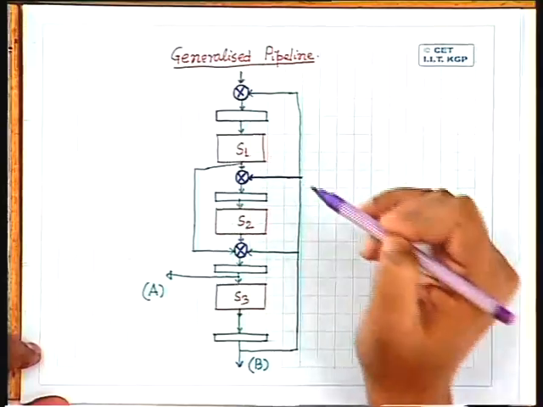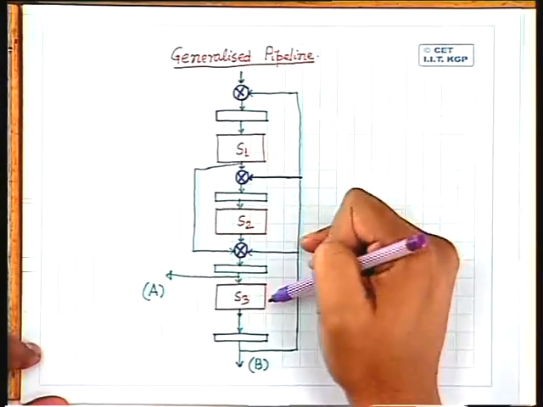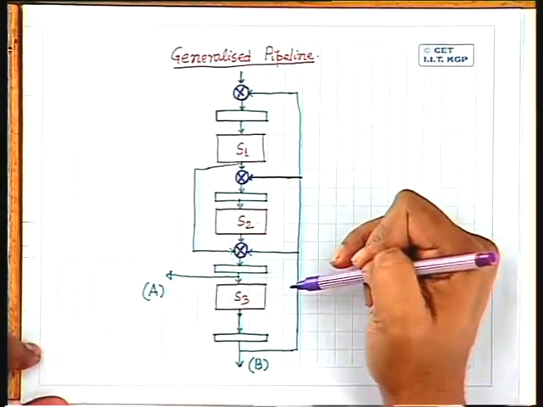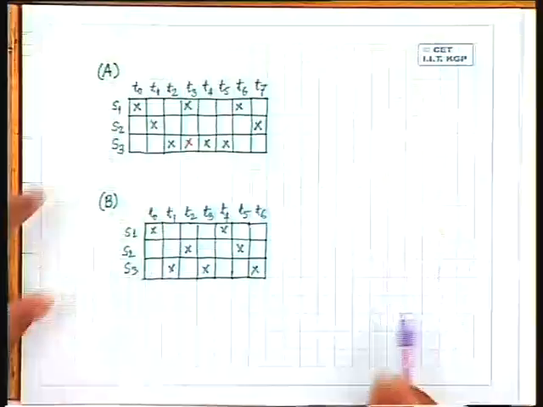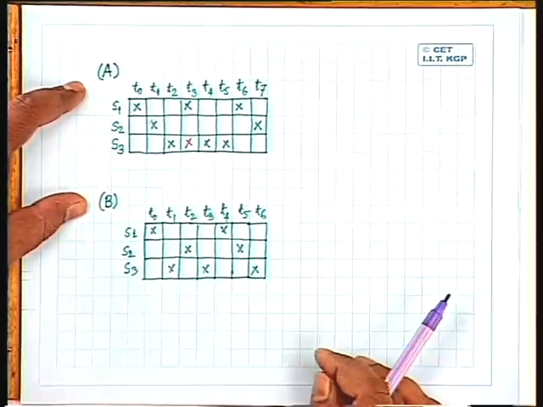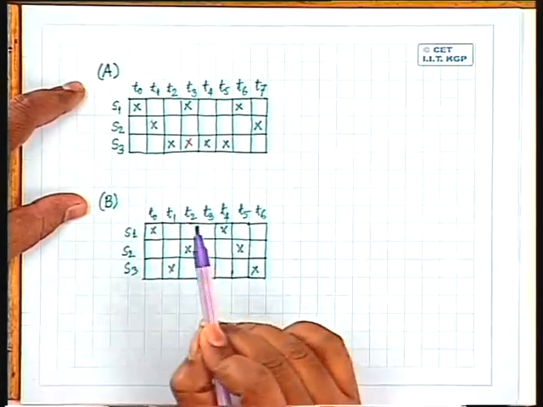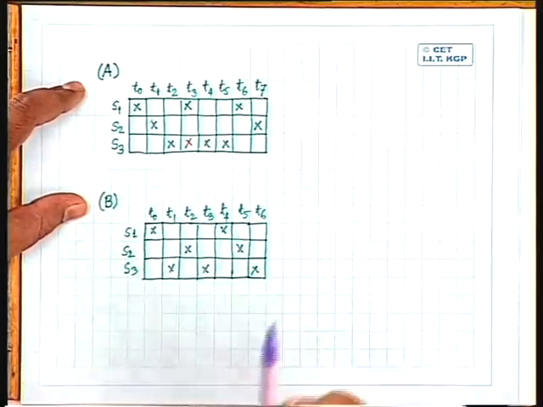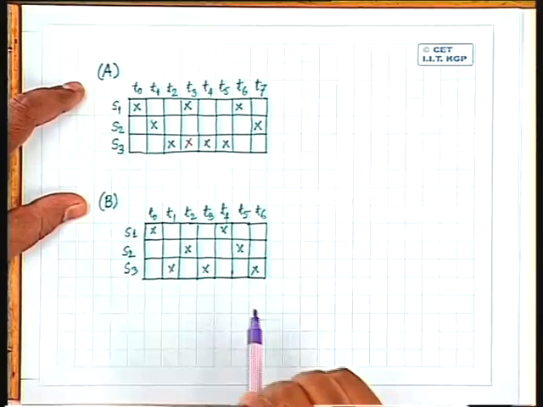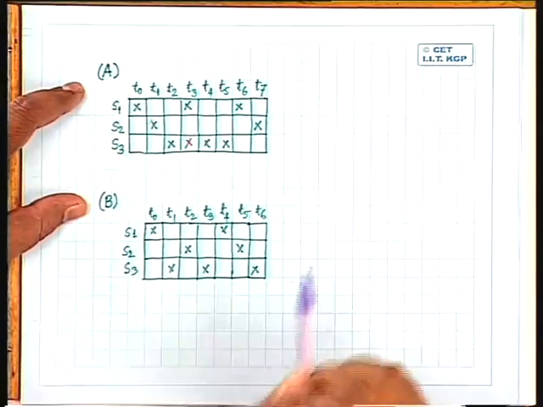Now for any operation, how these different pipeline stages are to be used for completion of a particular function has to be specified with the help of a reservation table. And we had given 2 such instances of reservation tables, one for computation of function A, the other one for computation of function B. This reservation table is nothing but specifying that during which time step, which of the pipeline stages will be used for performing which operation.